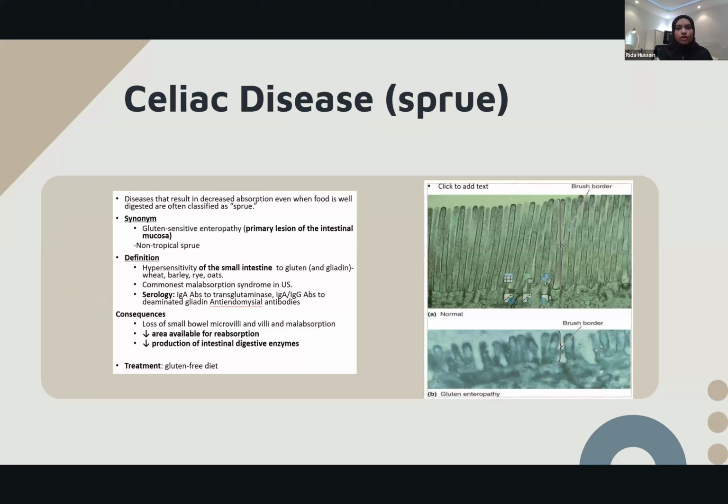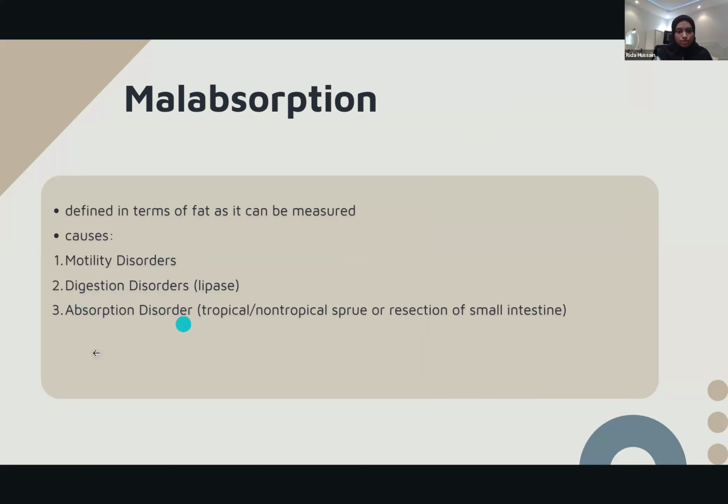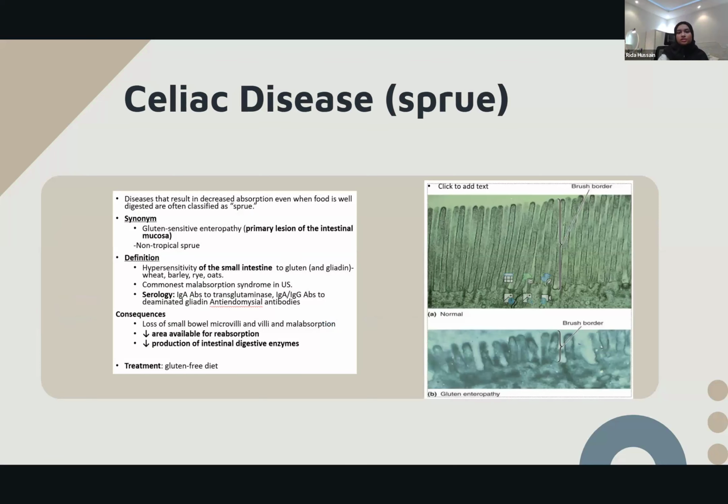Moving on, we will be talking about a specific type of absorption disorder, which is sprue or celiac disease. Now, celiac disease is caused by genetic predisposition. You don't need to know all of this. Just know that there are certain immunoglobulins and genetic factors that cause the brush border to be very small. Because of this, the surface area is decreased, which prevents the maximum absorption of substances.